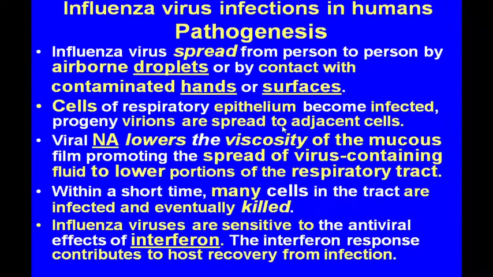So cells of the respiratory epithelium become infected, the virus multiplies there and spreads to adjacent cells. And then the virus will spread through the bloodstream, but usually it is not manifested clinically, but infection of the muscle cells may result in muscle ache.